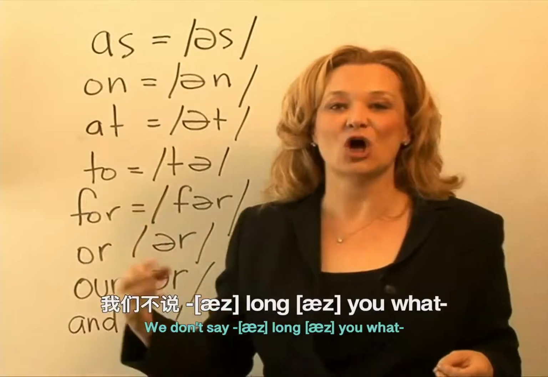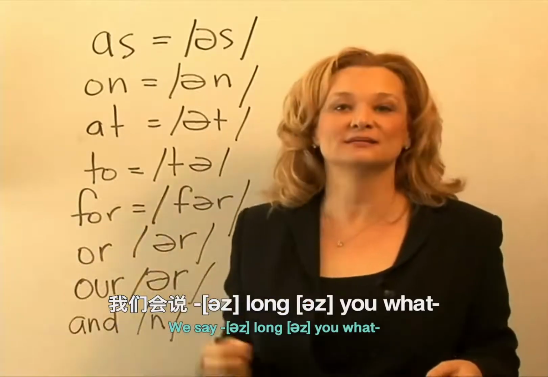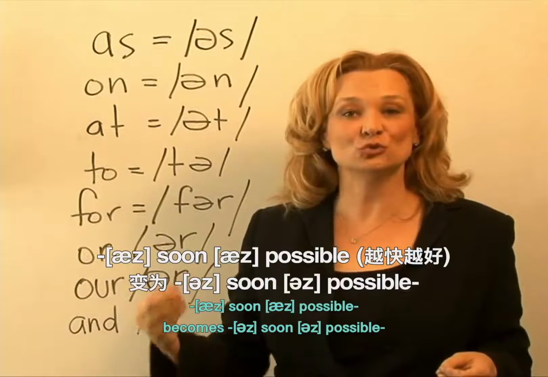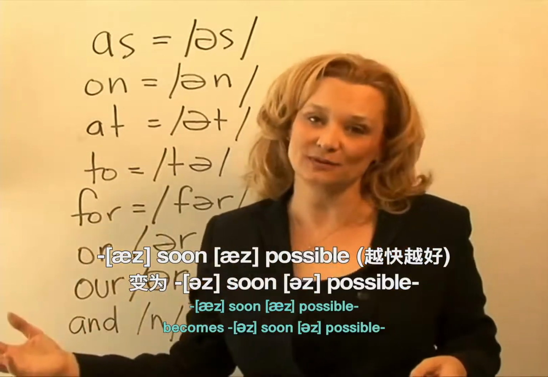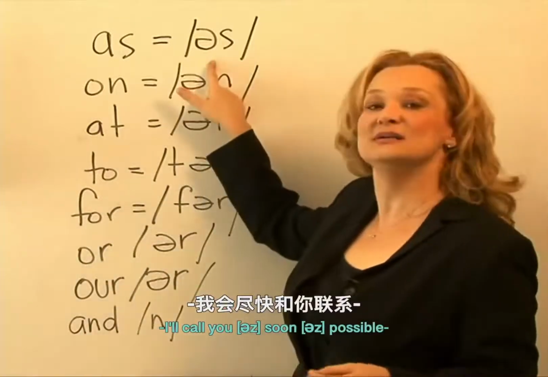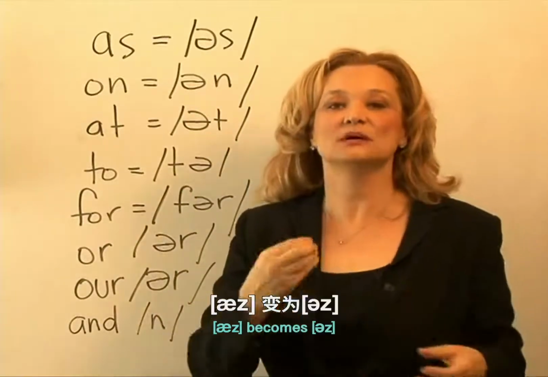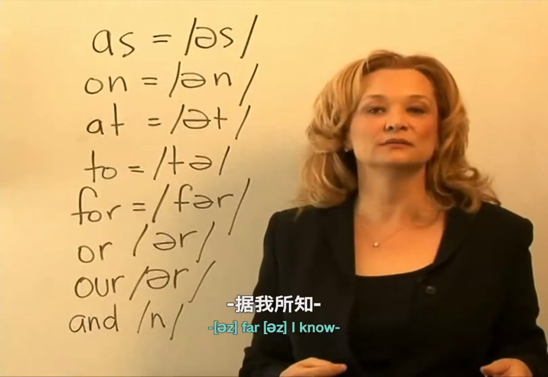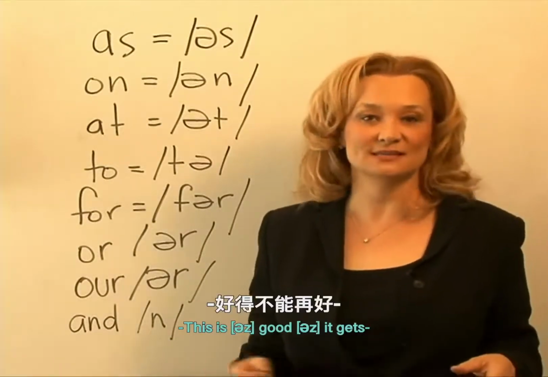We don't say "as long as you want," we say "uz long uz you want." "As soon as possible" becomes "uz soon uz possible." I'll call you as soon as possible. "As" becomes "uz," just a little "uz." As far as I know, as good as it gets. This is as good as it gets.